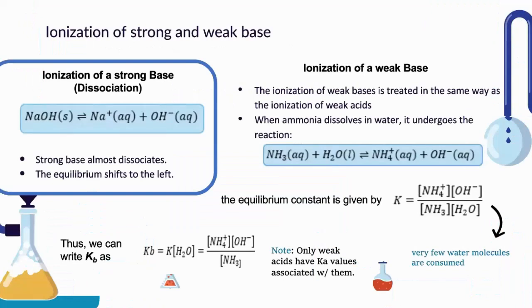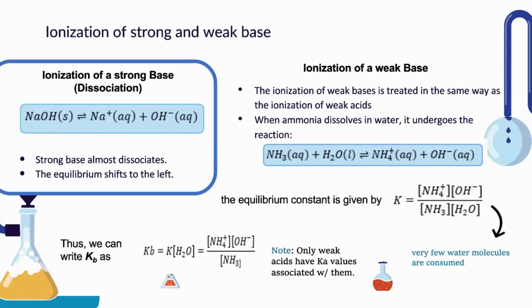In this reaction, solid sodium hydroxide dissolves in water to produce aqueous sodium ions and hydroxide ions. A strong base almost completely dissociates, so the equilibrium shifts to the right. The ionization of weak bases is treated in the same way as the ionization of weak acids. One example is ammonia. When ammonia dissolves in water, it undergoes this reaction.